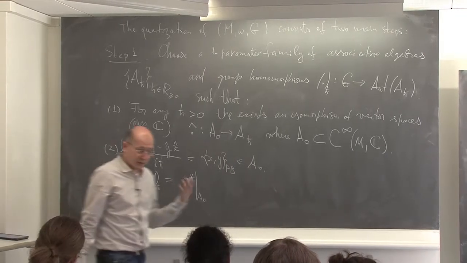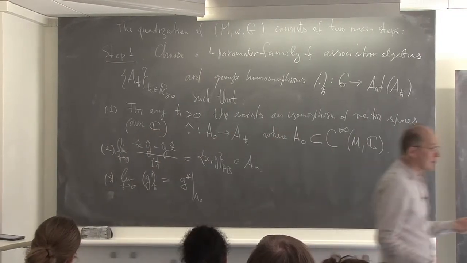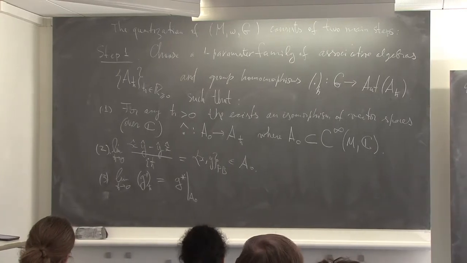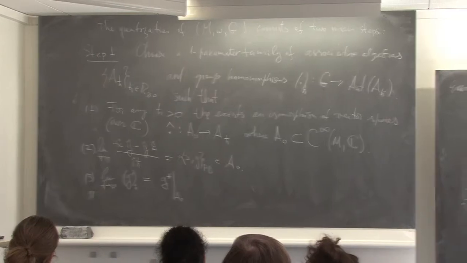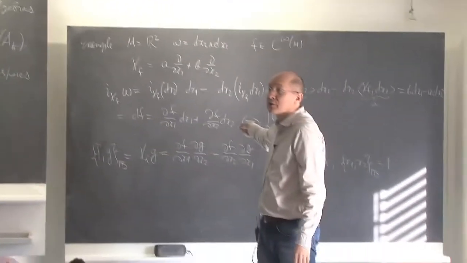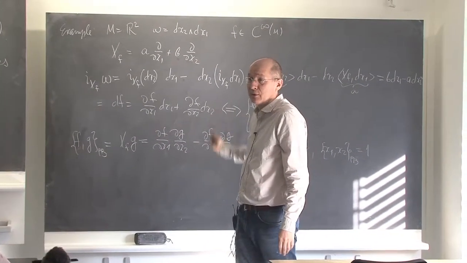If we have a symplectomorphism, then we have an induced map which reverses the arrows on the level of functions. Actually, we used this already in proving the theorem.